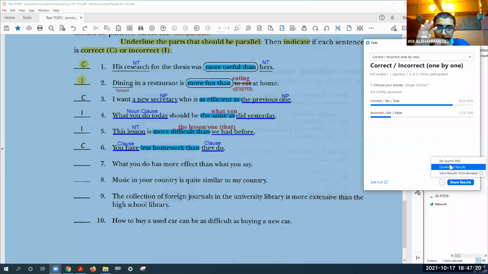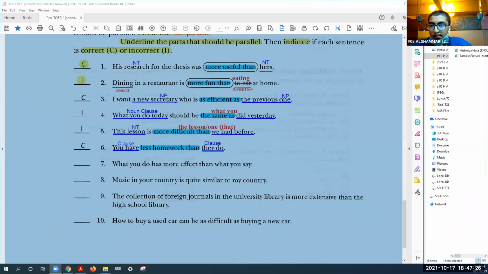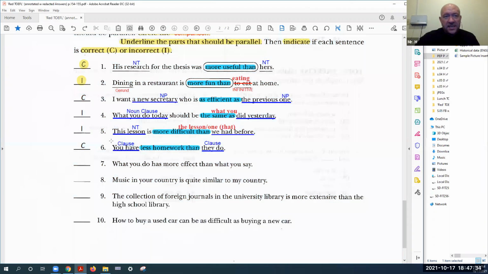Mr. H, I have a question. Al-Shamari, yes. Shouldn't we put a verb before the comparison? This is what I explained, in this case it's not necessary to have another verb, because what are we comparing here? Clauses.